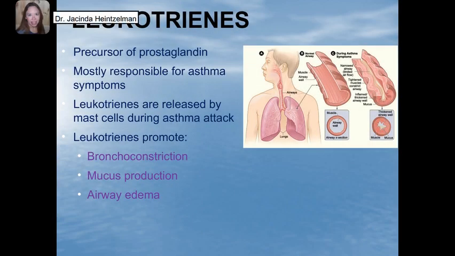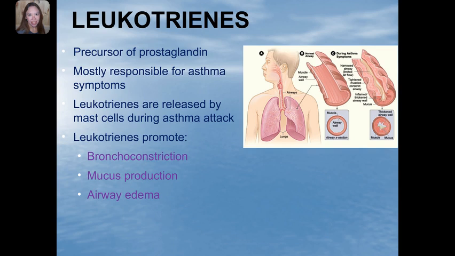Leukotrienes is another chemical that's going to be released by mast cells during the immune response or the inflammatory response. This is going to be a precursor of prostaglandin. And when it comes to what signs and symptoms leukotrienes cause, it's mostly going to be responsible for those symptoms that we see in asthma.